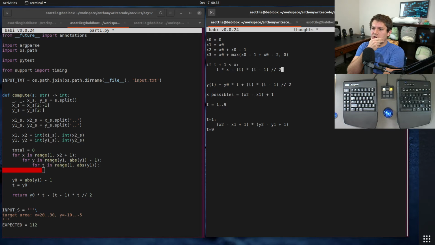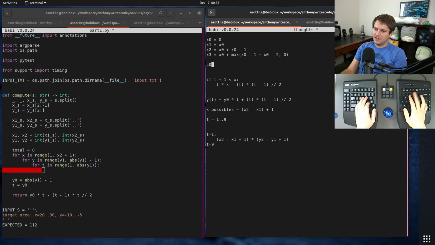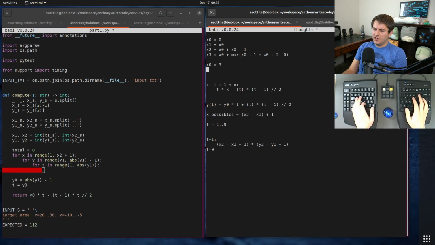When it's greater, eventually we add 0. So let's say that x naught is 3. x naught will be 0.